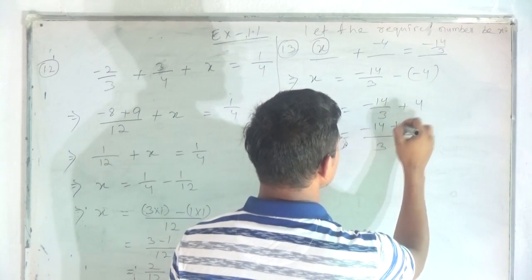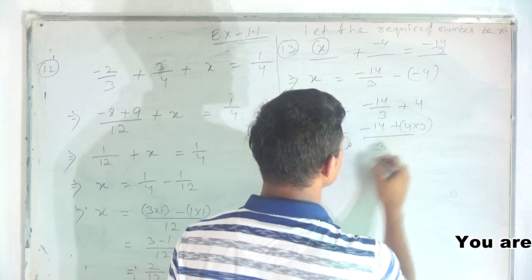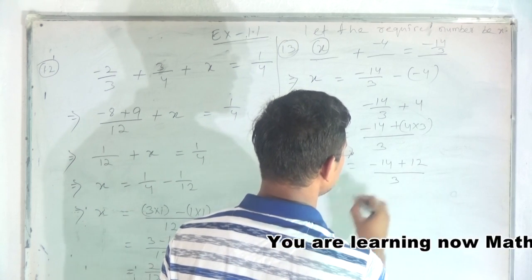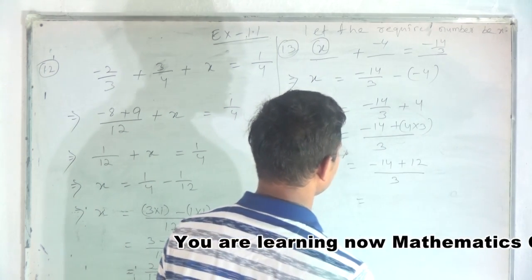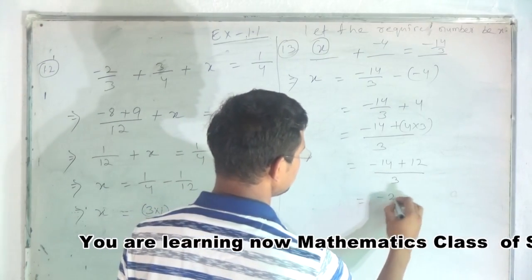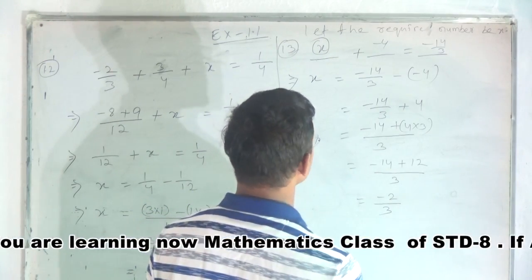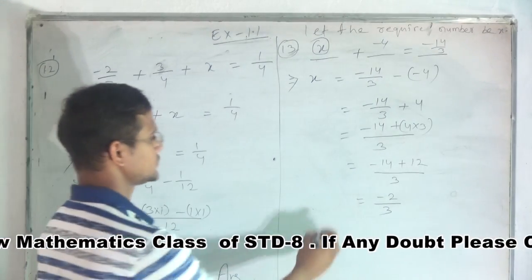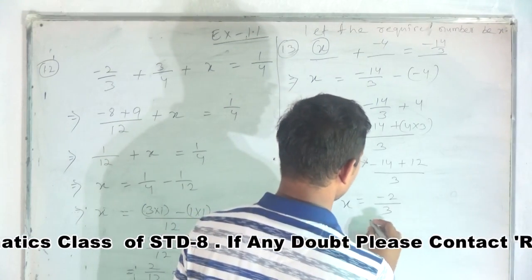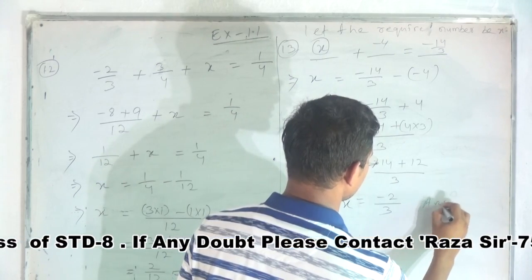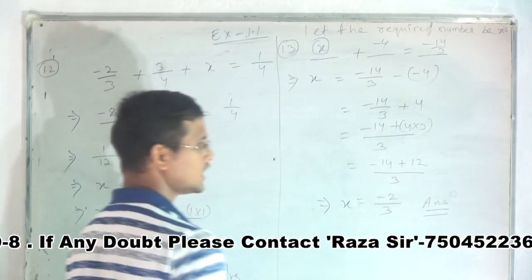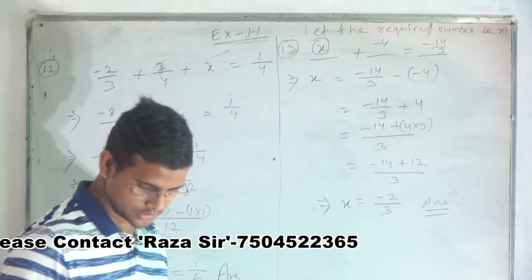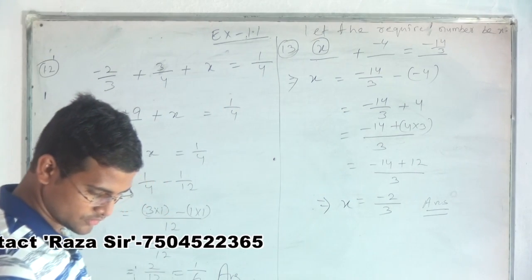Then 4 into 3, minus 14 plus 12 divided by 3, then this is minus 2 divided by 3. That means your required answer x is minus 2 by 3.